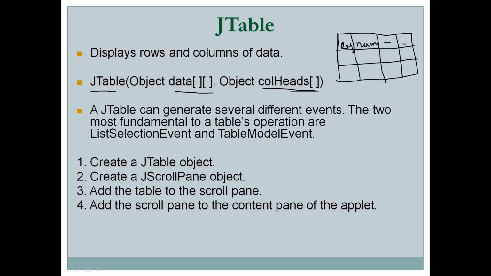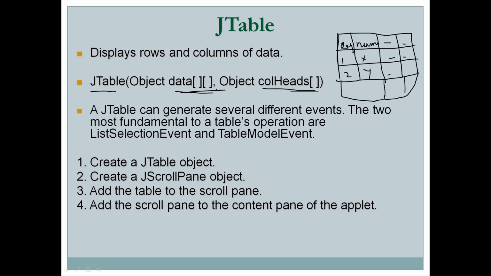Then the first argument is a matrix or two-dimensional array. That is the actual data. So register number, say 1, name, say XYZ or X, mobile number, address, and like 2, name Y, and the other information. Like this we can have any number of rows of information.